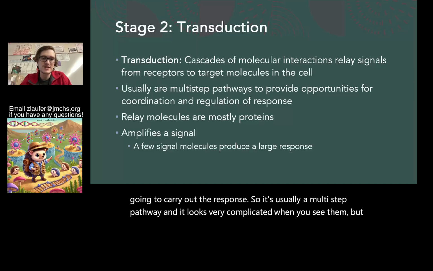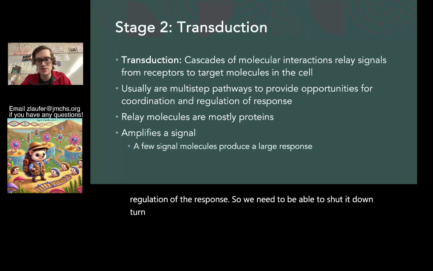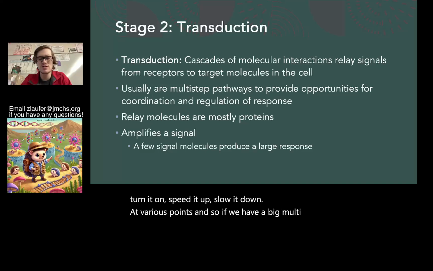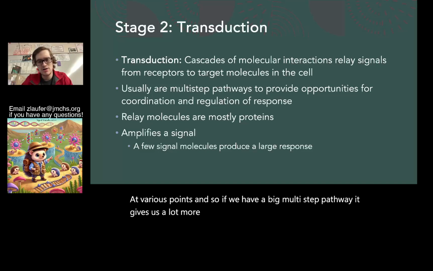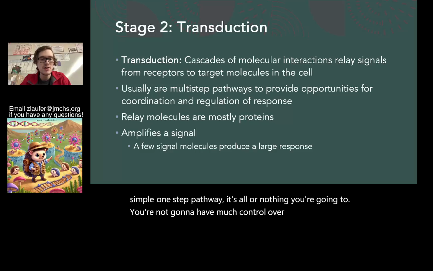But the reason for this is to give us opportunities for coordination and regulation of the response. So we need to be able to shut it down, turn it on, speed it up, slow it down at various points. And if we have a big multi-step pathway, it gives us a lot more opportunities to do that. Whereas if it's a simple one-step pathway, it's all or nothing. You're not gonna have much control over that response.